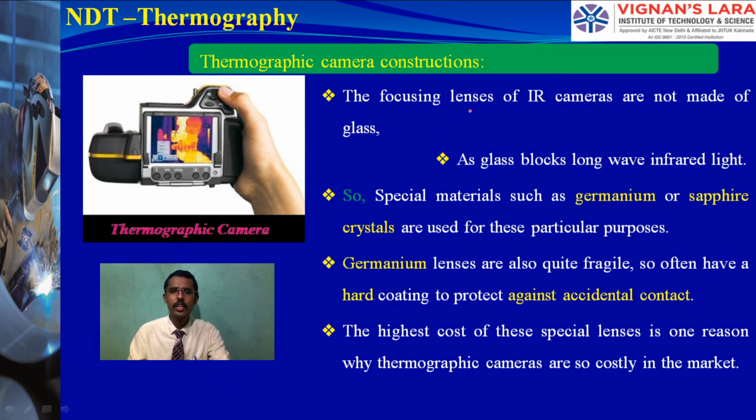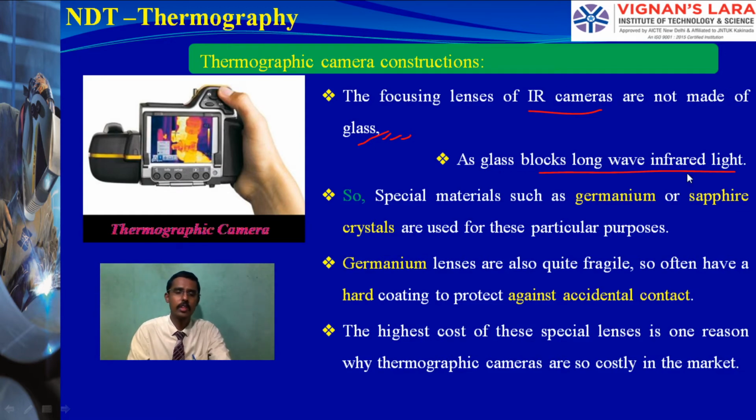See, the focus lens of an infrared camera is not made of glass like a normal camera. Glass blocks long-wavelength infrared. Normal glass is not capable of passing these infrared rays, therefore it blocks them, and we won't get the information we need.